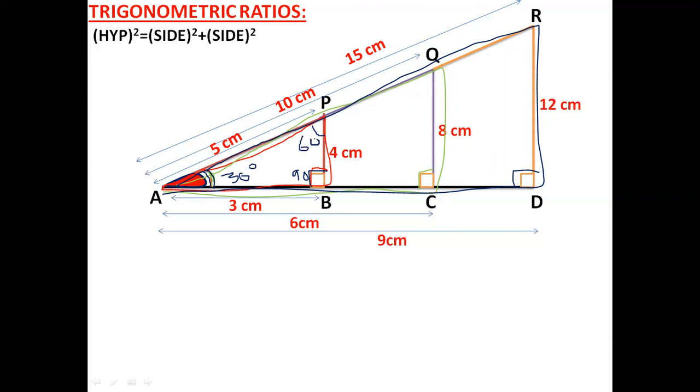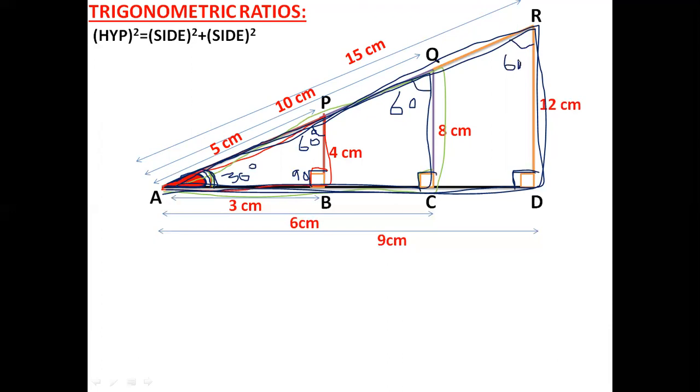The sum of angles in a triangle is 180 degrees, so it becomes 60 degrees. Here if you take triangle ACQ, so here 90, this is the common angle 30, it is also 60. If you take the right angle triangle ADR, this is 30, this is 90, this becomes 90 plus 30 is 120, this becomes 60.